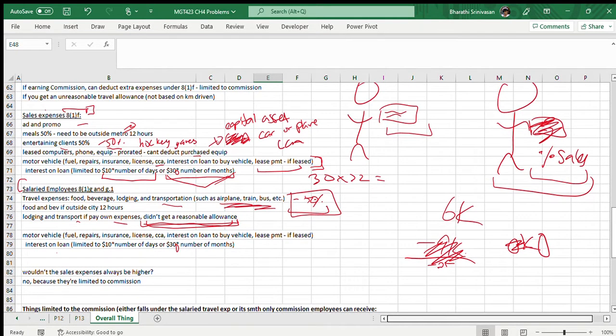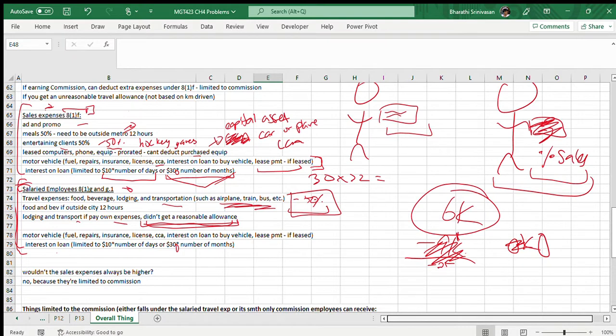Now, you have to remember, you might look at this and be like, oh, look, you can deduct way less here than you can here. So this should definitely be higher, but you have to remember that this is always limited to your commission. So if your commission is low, you won't be able to deduct this entire thing, whereas this one has no limit.